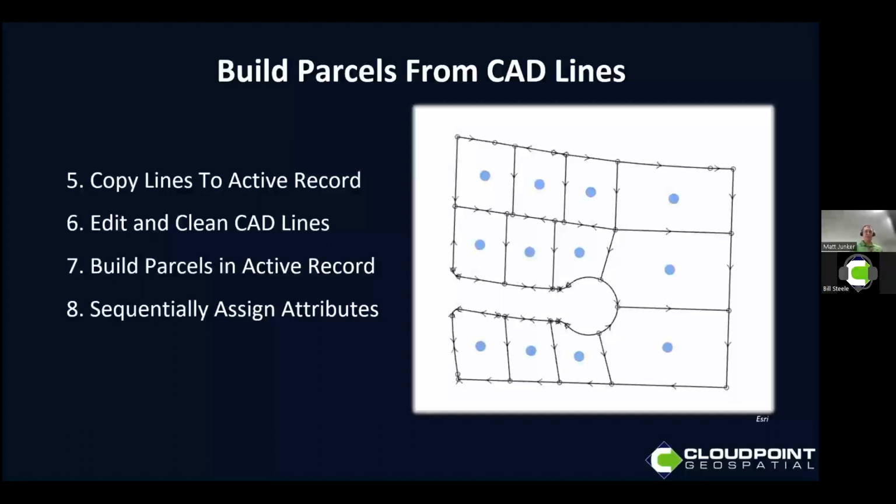The final step in this task is to sequentially assign attributes. So if you're putting in a subdivision from CAD lines and lots are numbered, say from 1 to 10 or 1 to 20, or however many lots there are, you can use this sequential numbering tool where you enter which layer you are using, the field that will be used for the lot naming or parcel naming, the format and the start value, as well as the increment.